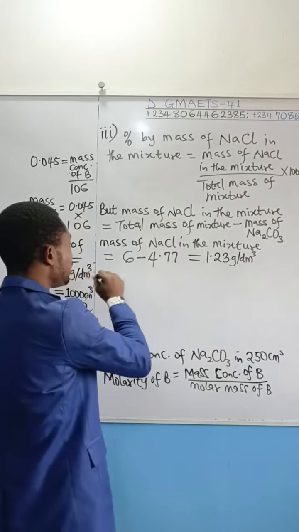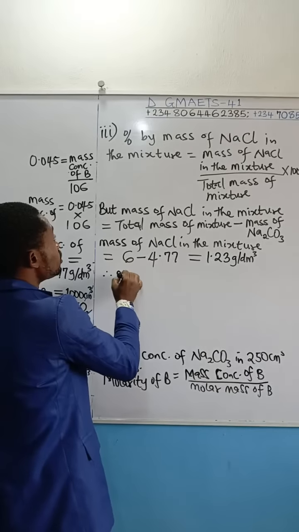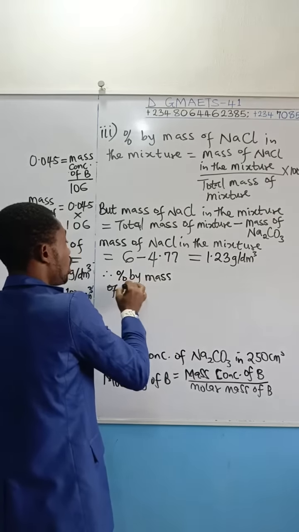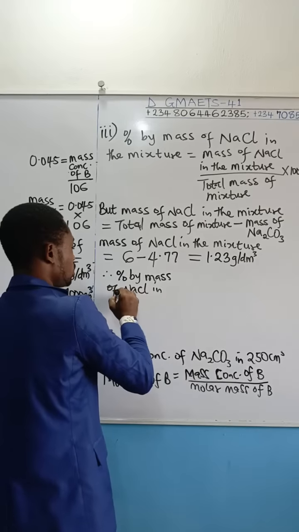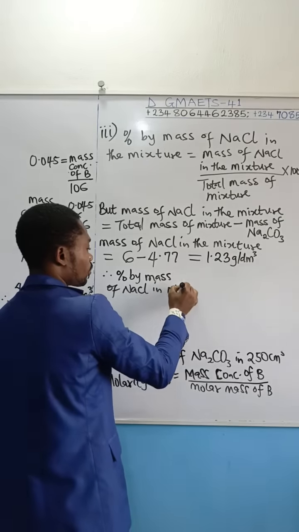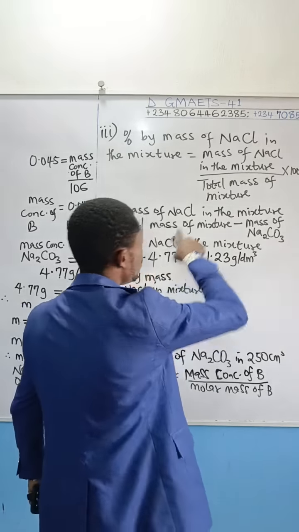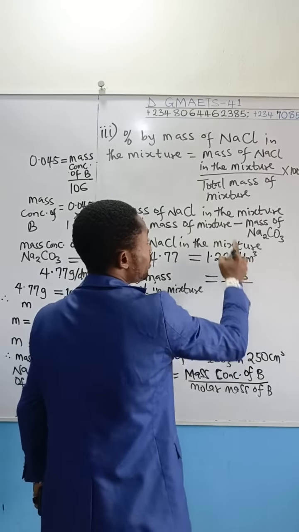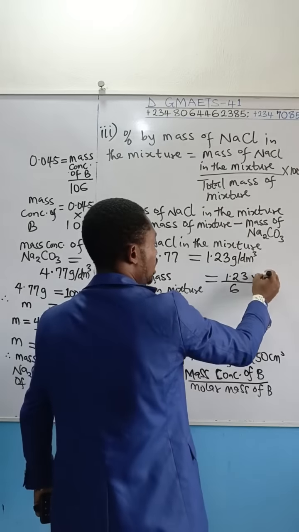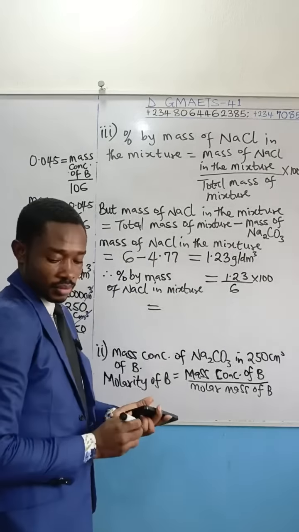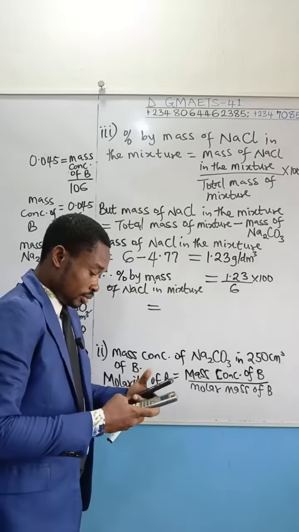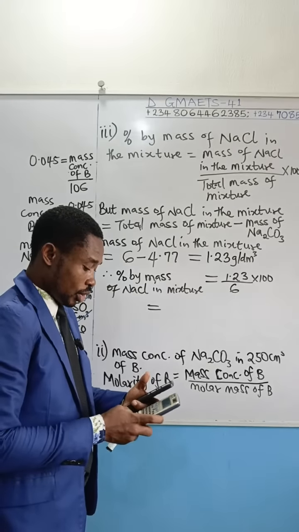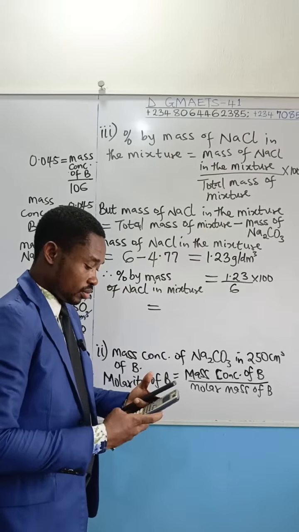So this is going to now be percentage by mass. I'll go back here and substitute: percentage by mass of sodium chloride in mixture will now be equal to, say the formula, mass of sodium chloride in a mixture, which we obtained to be 1.23, divided by total mass, which is 6, then times 100. Let's evaluate: 1.23 multiplied by 100 and then divided by 6.